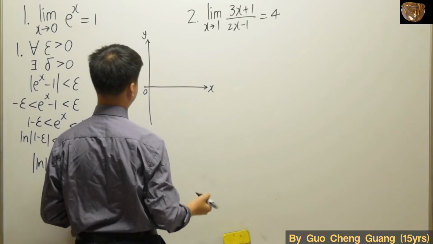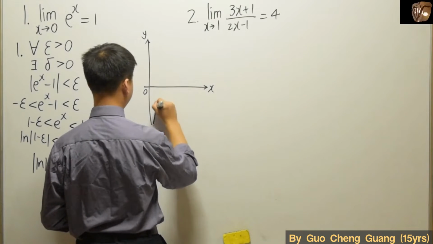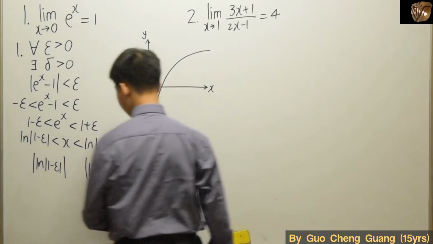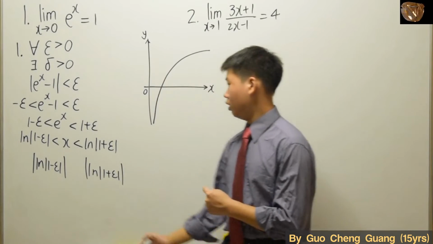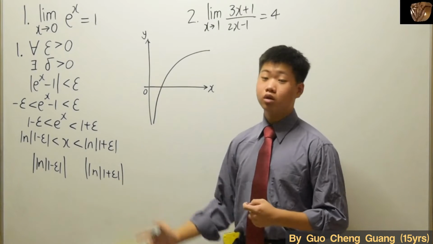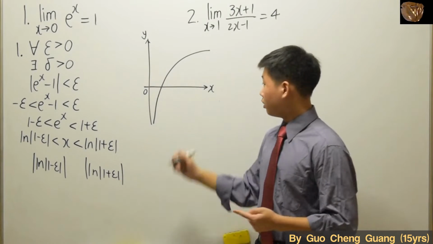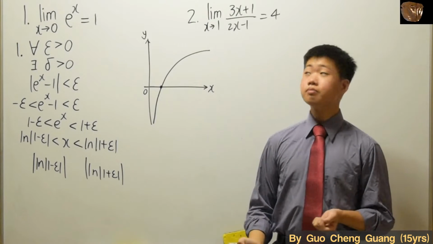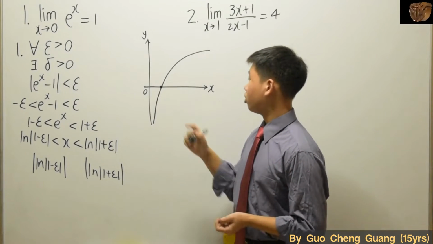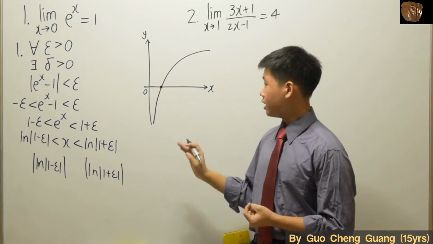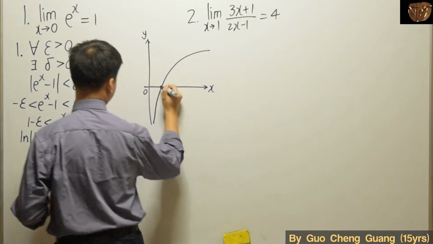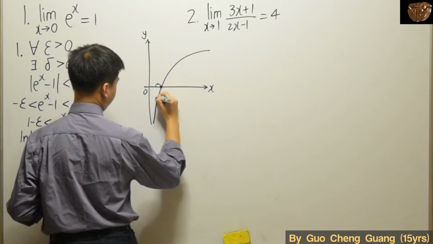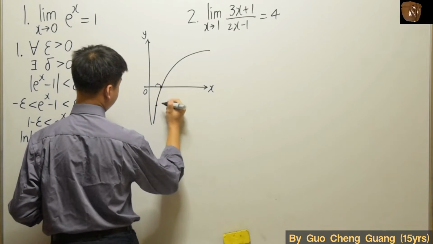So what is so special about its graph? Normally we'll see this, right? Okay. So ln of 1 minus epsilon and ln of 1 plus epsilon start from 1, where ln 1 is 0. Then let's say 1 minus epsilon. That means it moves back a bit and you have a value over here.